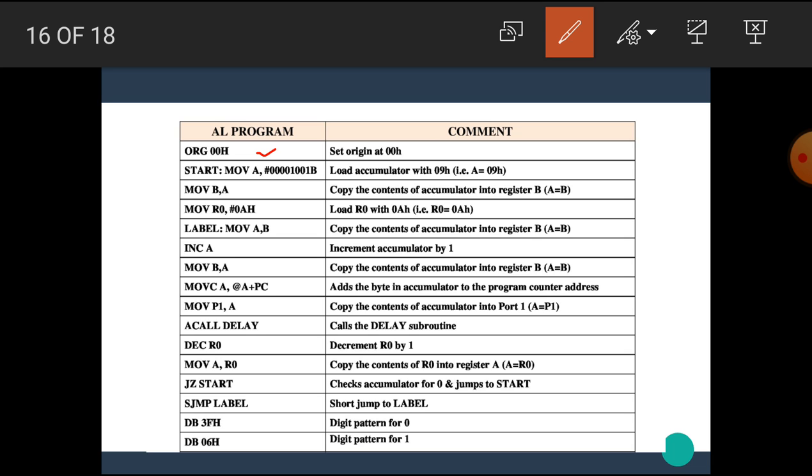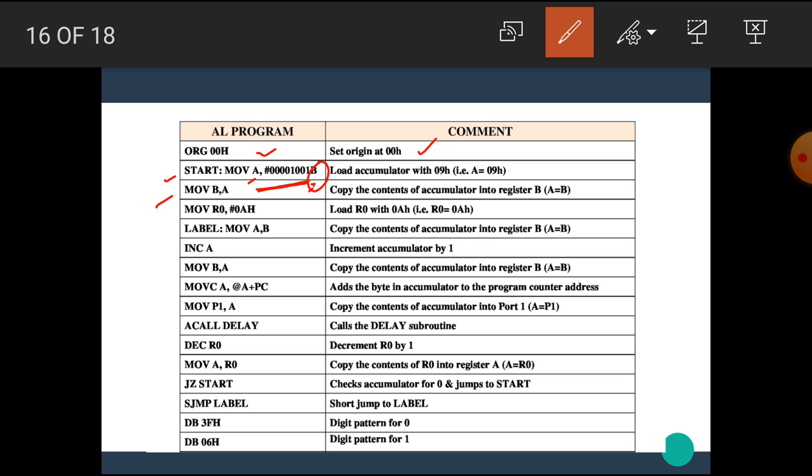ORG 00H means origin sets at 00H. The next instruction is start: MOV A, #00001001B. Here the B is written to show this value is binary, and this binary value is directly loaded into the accumulator.